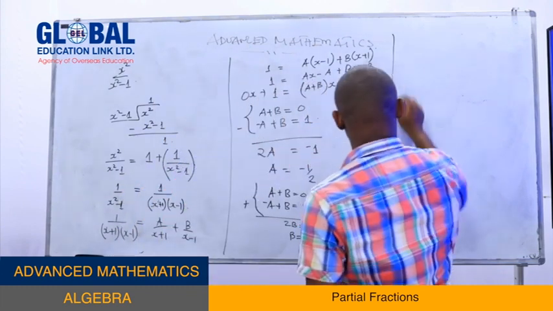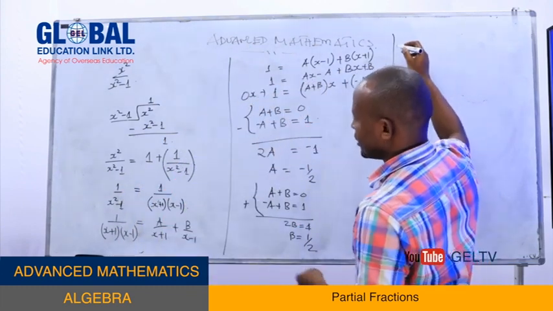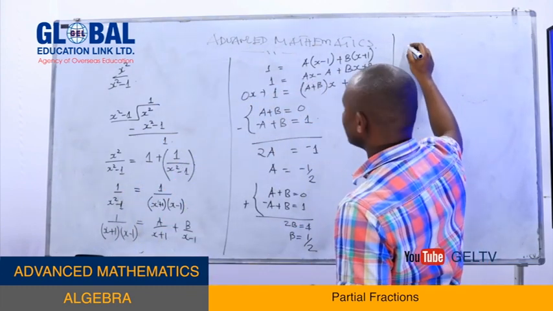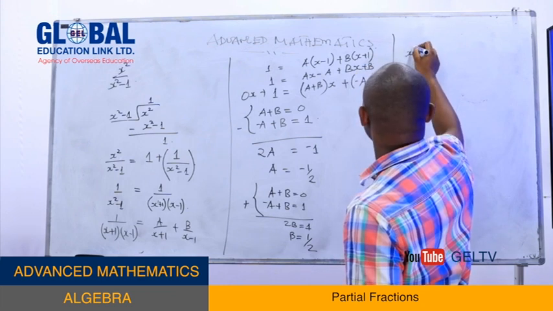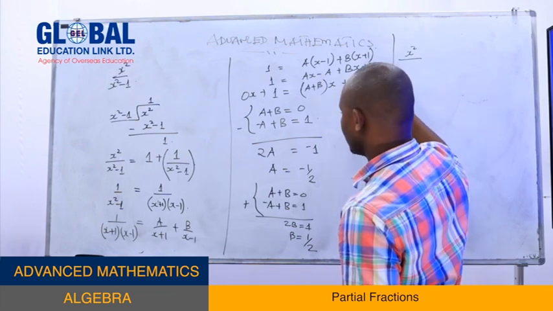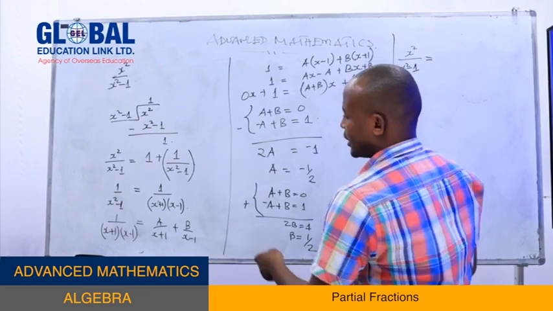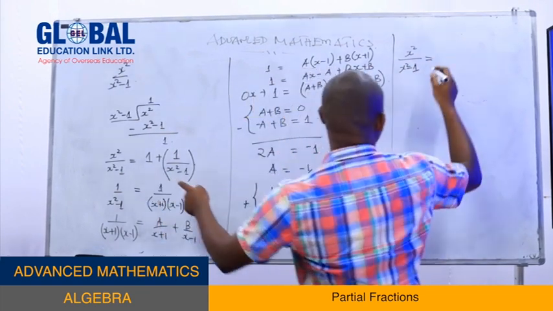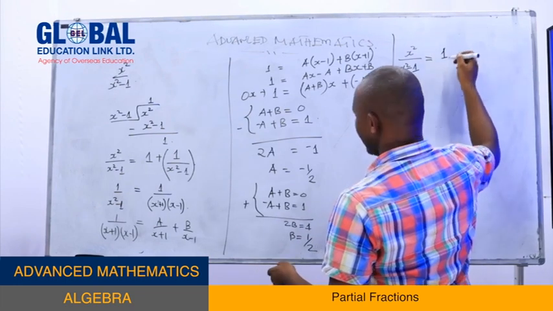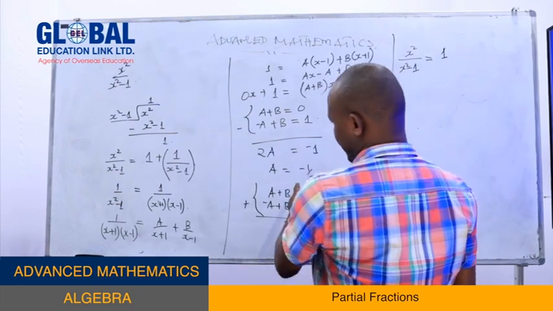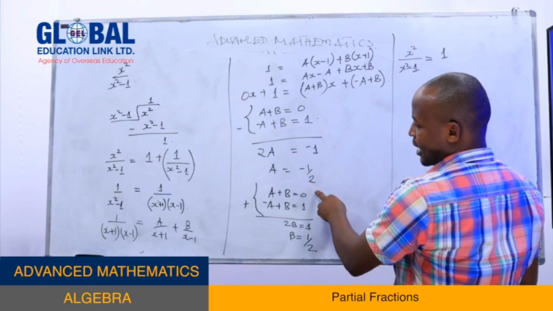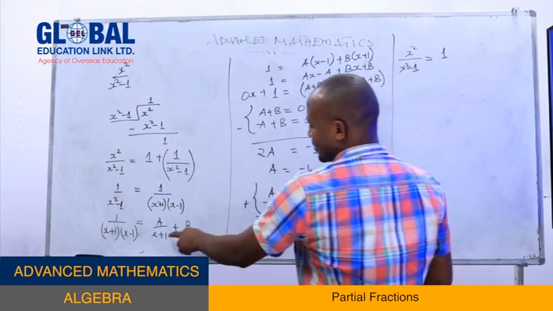Now writing that function, now it will be x squared over, putting the values, equals to what? To this one, that is 1. Then what is A? A is negative a half, so we plug a negative a half there.